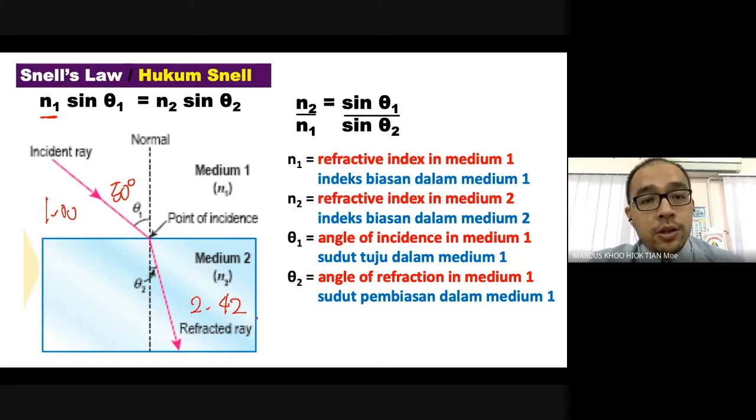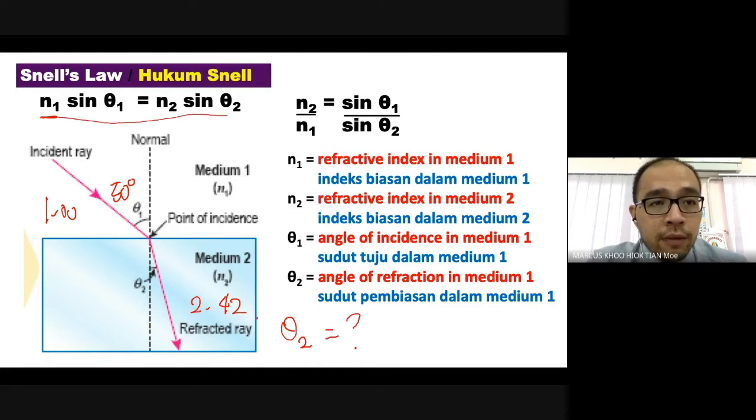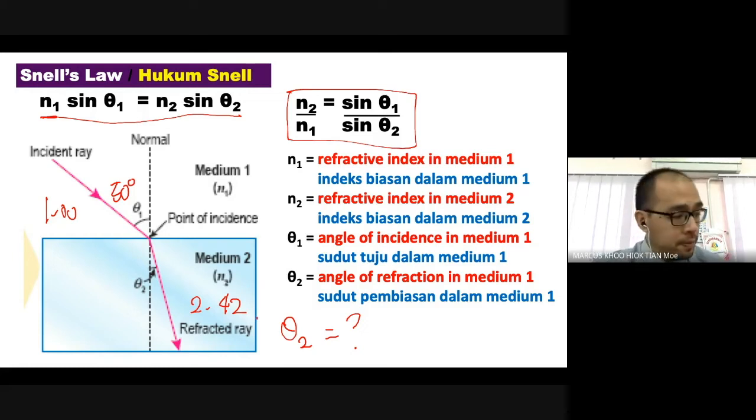My question to you is, what is the value of theta 2? Can you calculate that now? Substitute either in this formula or this formula, doesn't matter. Whichever one you want to use also can, but you substitute correctly. Give me the angle of theta 2.